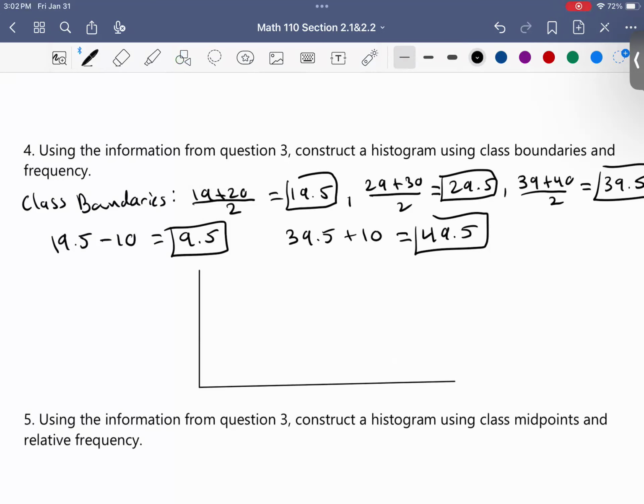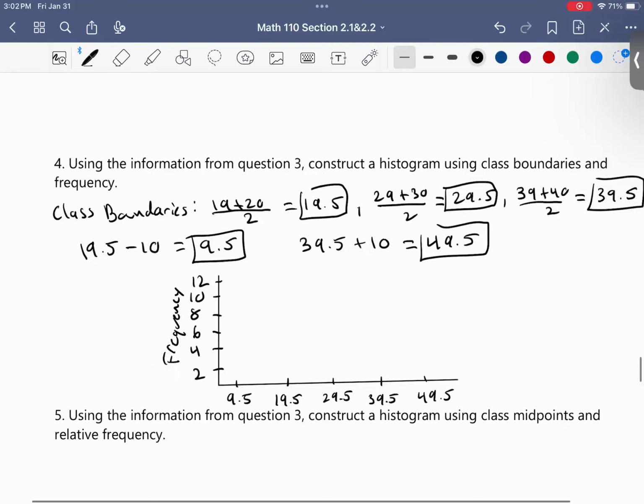So we'll have our class boundaries, 9.5, 19.5, 29.5, 39.5, and 49.5. When we have our frequency to the left, we'll go by twos. We'll go 2, 4, 6, 8, 10, and 12. This is our frequency.